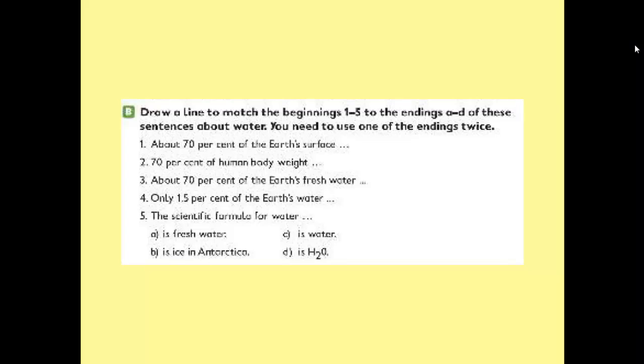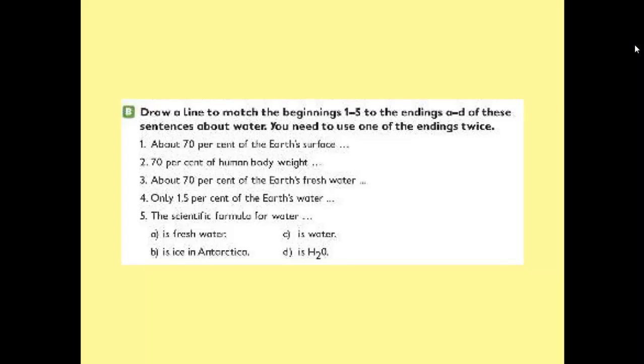Number 3, about 70% of the Earth's fresh water. Only 1.5% of the Earth's water. And finally, the scientific formula for water. Yes, the endings are: A, is fresh water; B, is ice in Antarctica; C, is water; D is H2O.